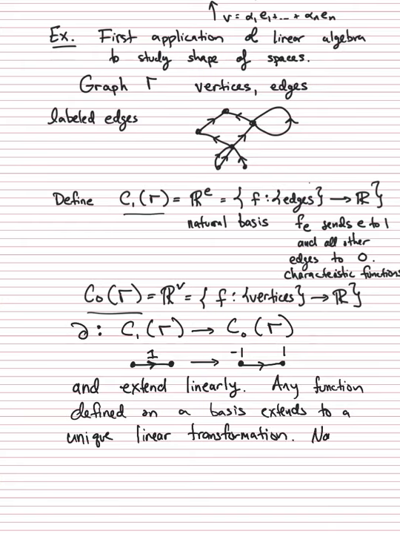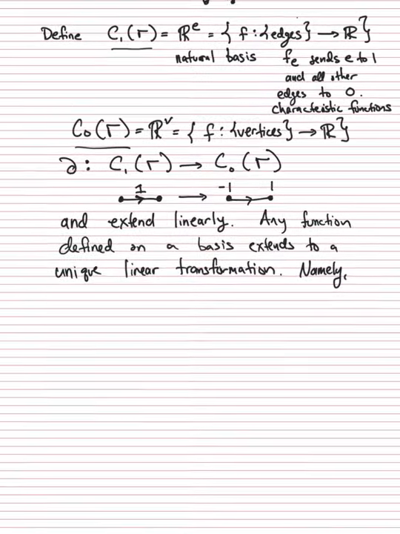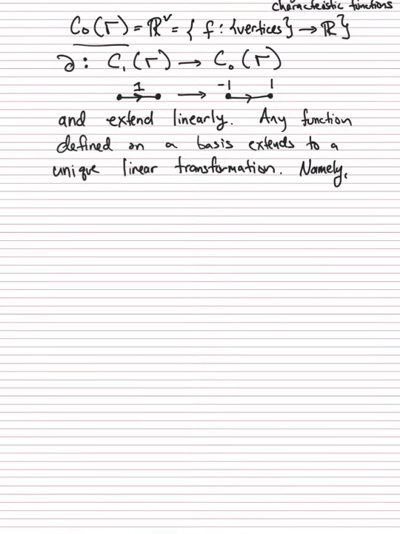Namely, if I want to know what the boundary does to any vector v, I write it in terms of my basis, and then I just send it to alpha 1 boundary of v1 plus up to alpha n boundary of vn, since I know what to do on the basis. So this is certainly a linear transformation, just by the way that you've constructed it.